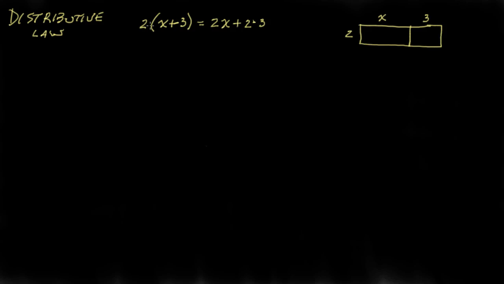Since I'm interested in the total area of the large rectangle, I simply add together the areas of the 2 smaller rectangles, and I end up with 2x plus 6 as my total area. Now that might seem pretty trivial, and it should. Where it gets a little bit more interesting is when we start to work with rectangles or regions that have more than just 2 pieces.